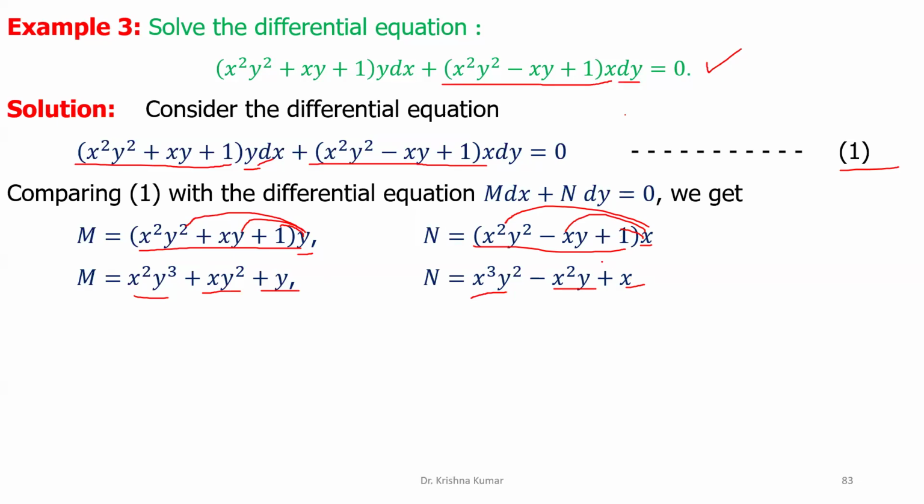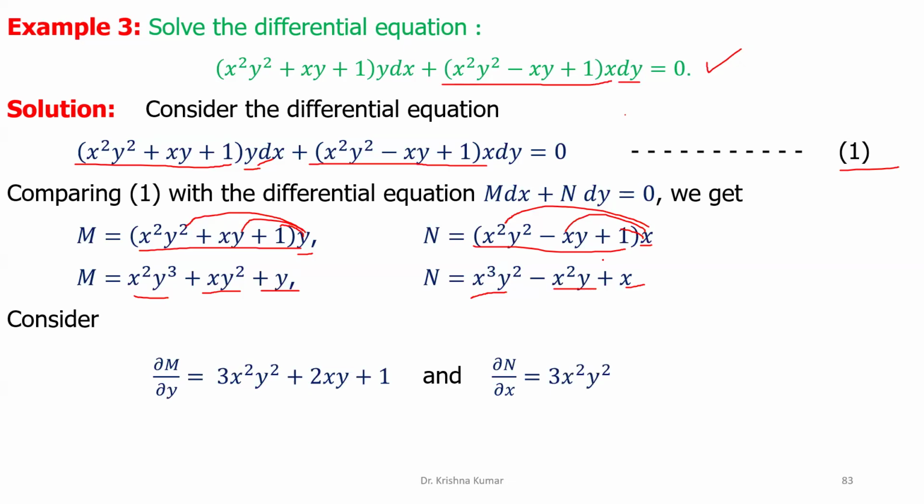Let us check whether the given differential equation is exact or not. For this purpose, we have to check whether the partial derivative of M with respect to y and the partial derivative of N with respect to x are the same.